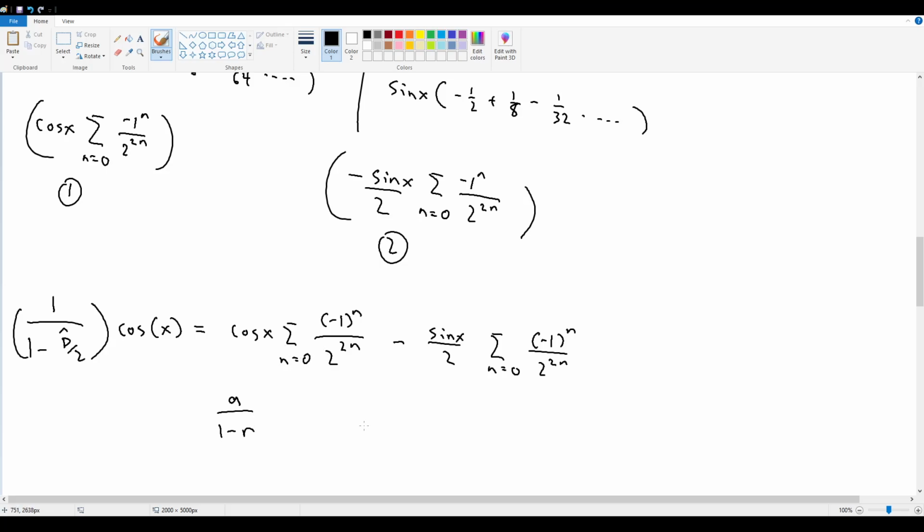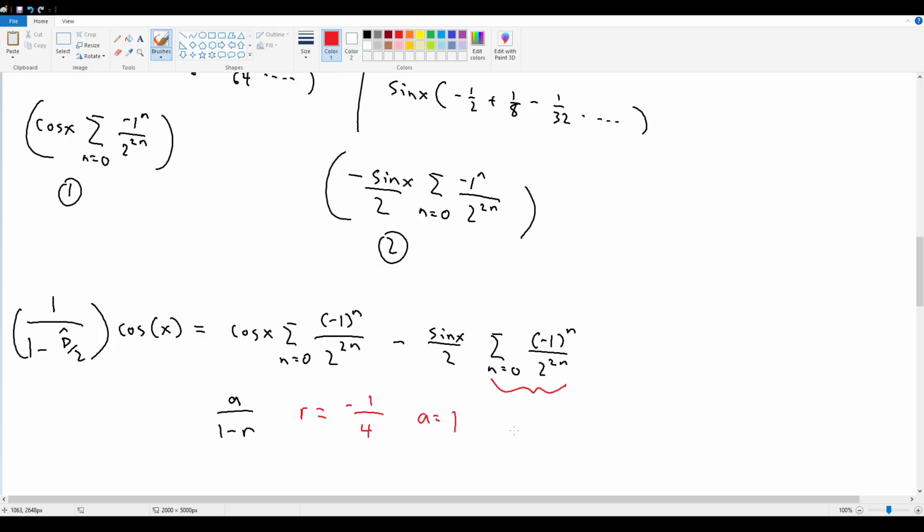In this case, r is equal to negative 1 over 4, because it's 2 squared, right? And then a is either cosine of x or sine of x, but if I'm just looking at the summation itself, a is just equal to 1, right?